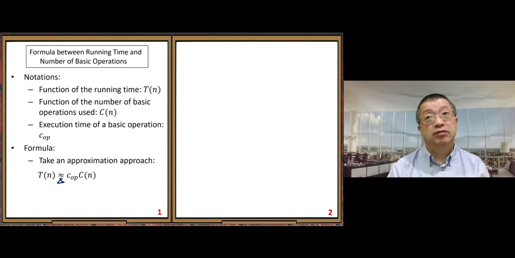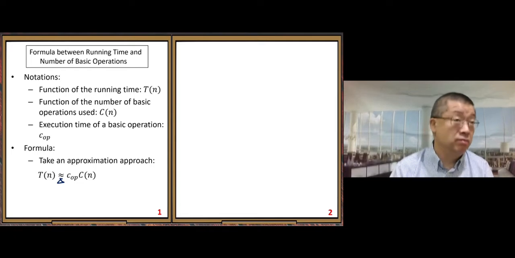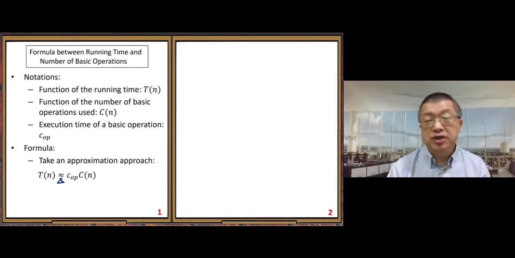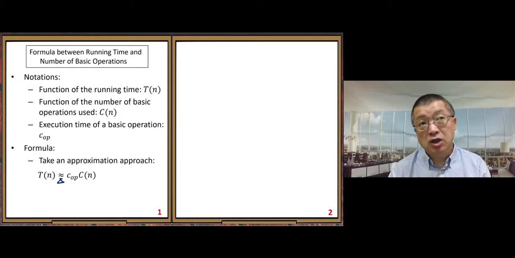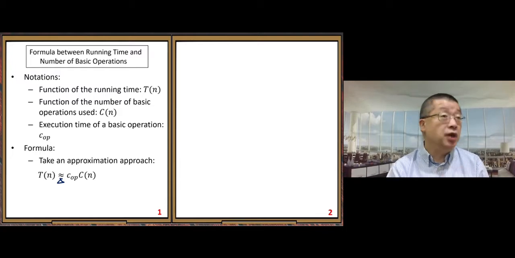We would need to spend some time on non-basic operations, so we skip that part. So for that reason, we can only say this is an approximation expression. Not a precise expression, but that's good enough.